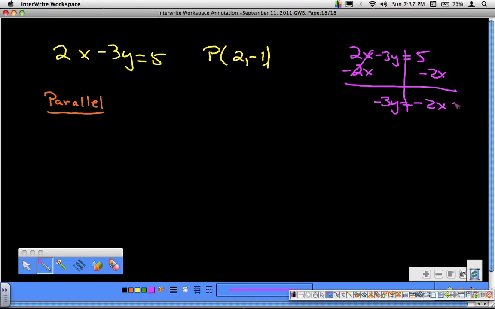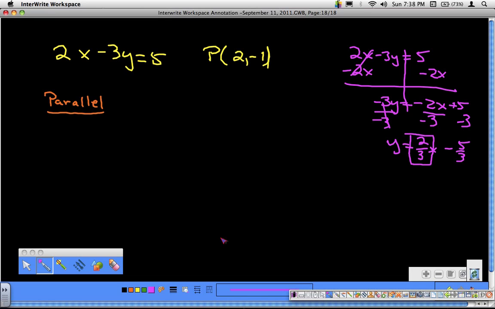We're just going to divide both sides by -3. So when we simplify this, we get y equals positive 2/3 x minus 5/3. Now, this, remember, is an equivalent equation to the one we started with, just in slope-intercept form, and the reason we need this slope is to make some decisions.